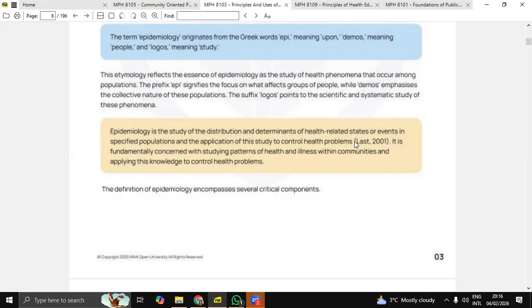Now, the thing that separates epidemiology from pure statistics, because statistics may be a bit similar to epidemiology, is the fact that in epidemiology, we are not just stopping at getting data and analyzing it. We're taking it back to how we can apply this to improve health outcomes. So that's the definition of epidemiology.